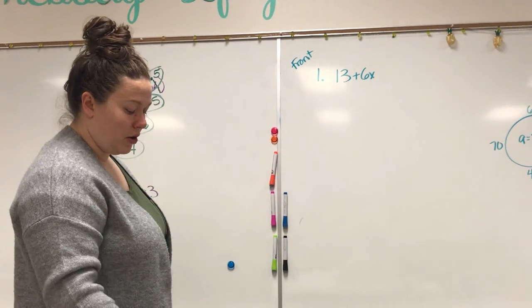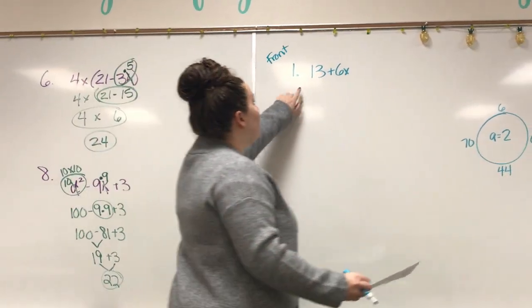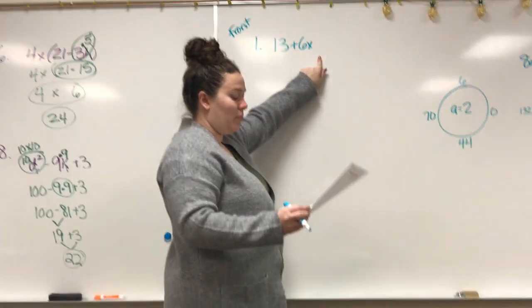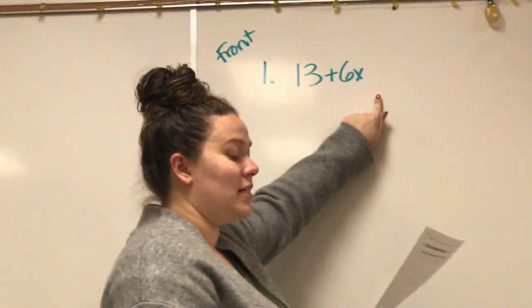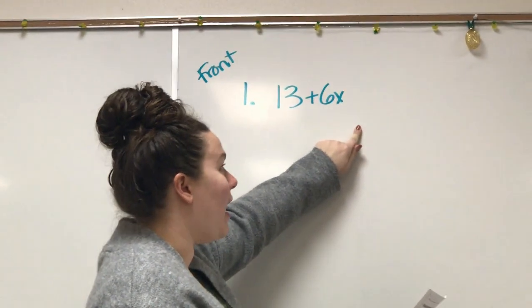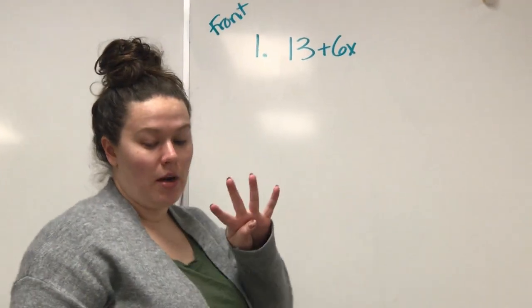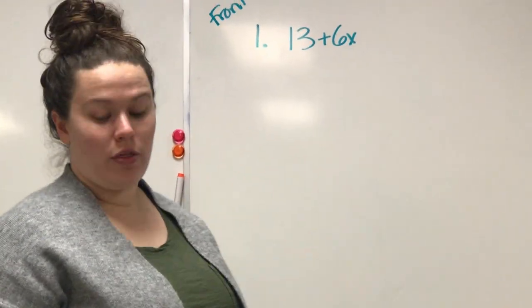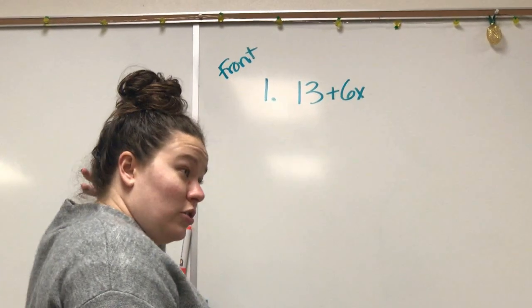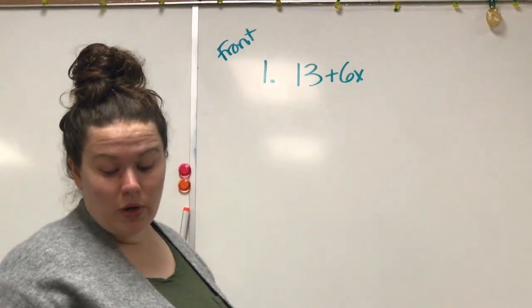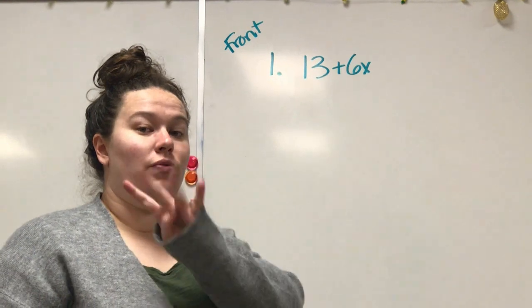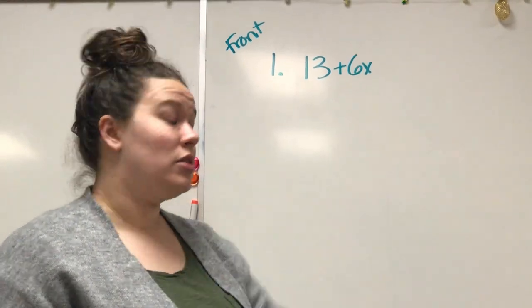Okay, so starting with number 1 on the front, it gave you this expression. But if you read the instructions, it says that you have to find the values of 4 different numbers, 0, 1, 2, and 3. So on problems 1, 2, 3, and 4, you should have 4 different answers.